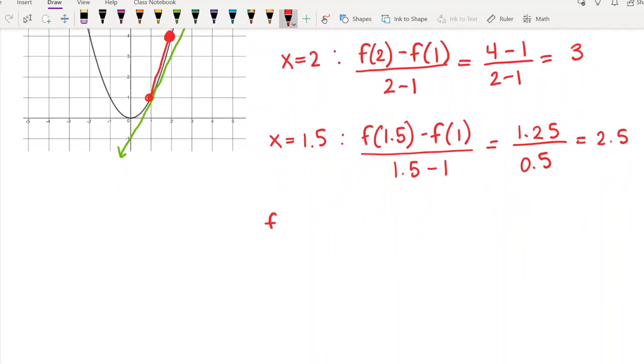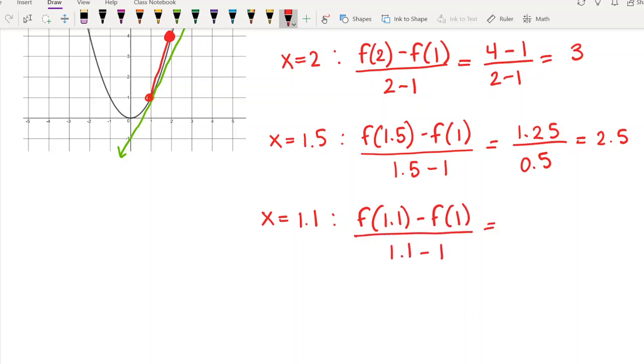So let's try now x is equal to 1.1. So we're going to bring that second point even closer to the first point. So if we were to draw a line from 1.1 to 1 instead, and find that slope. So let's see, 1.1 squared is 0.21, and then we're subtracting 1, so that's going to be, wait, that's not quite right.